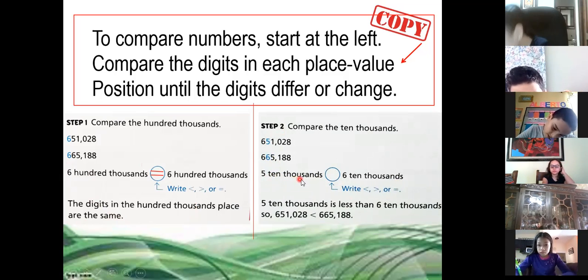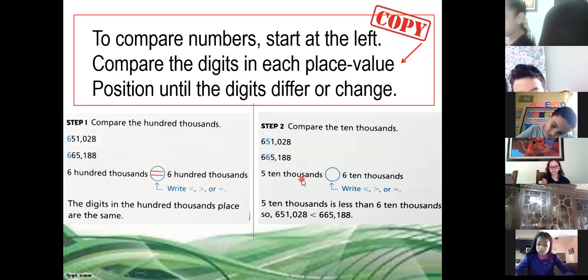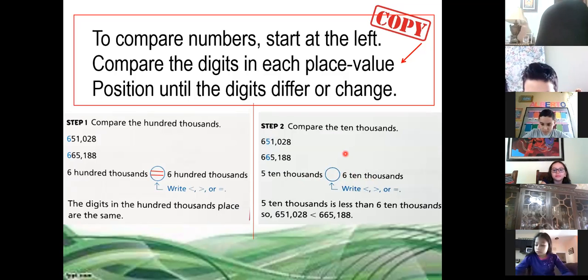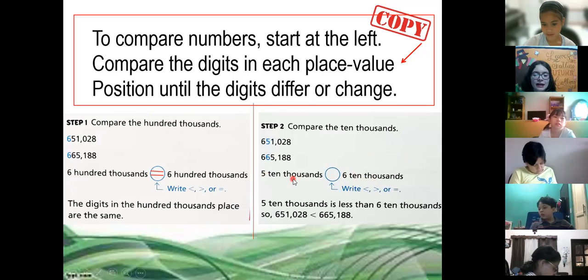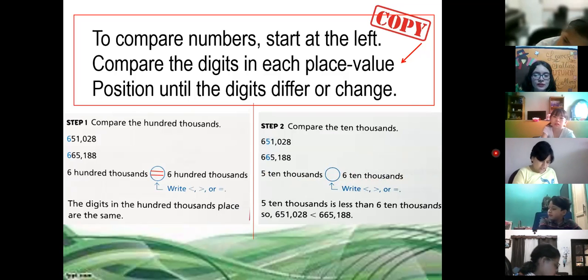So 5 ten-thousands, is it greater, less, or equal to 6 ten-thousands? Is 5 ten-thousands greater, less, or equal to 6 ten-thousands? What do you think?